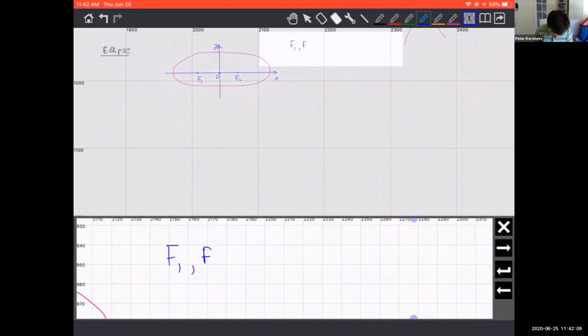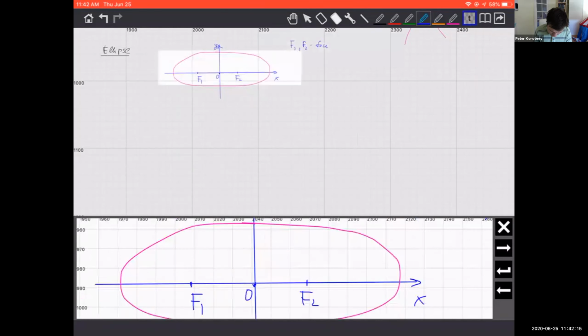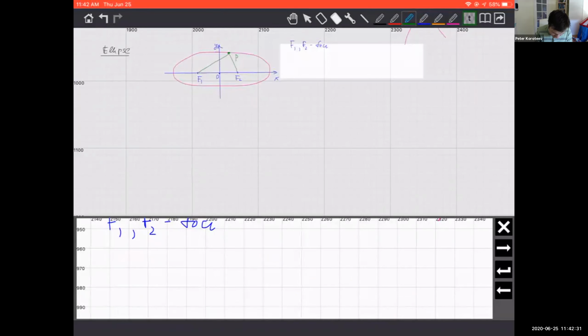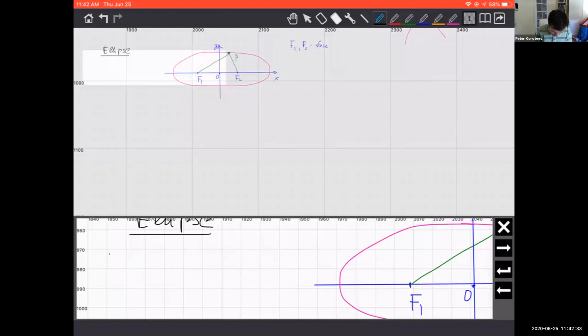So F1 and F2 are foci. You can think of ellipse as the following curve: if you take a point P on the ellipse and calculate the sum of the distances, right? So we can define ellipse.